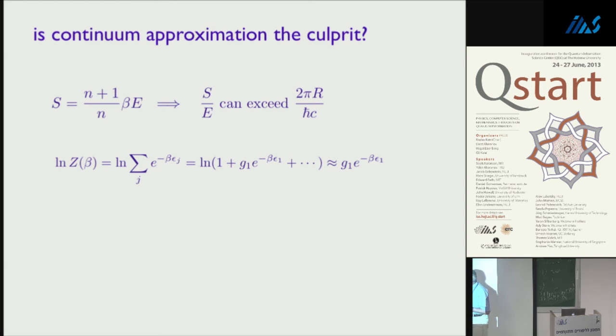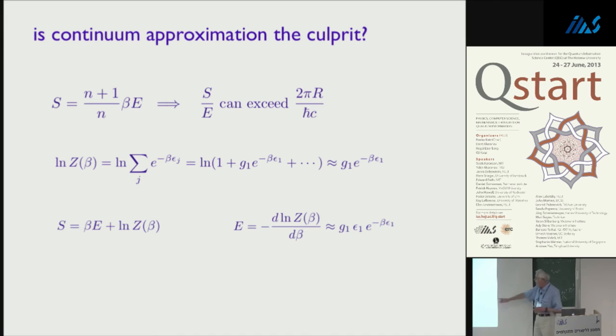The next state, with degeneracy G1, will give you this term, and there is of course the continuation. And if you approximate for very large beta, this is the first order approximation. Now we calculate the entropy of the system; the energy you get by the usual derivative comes out to be this to first order.